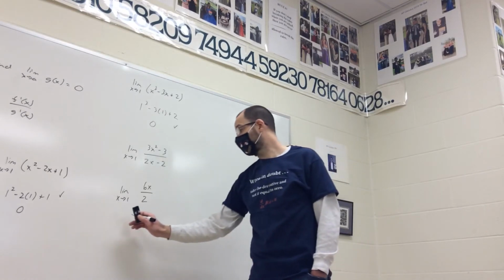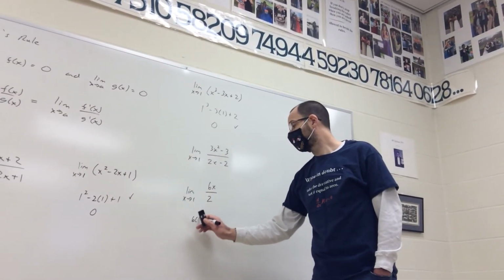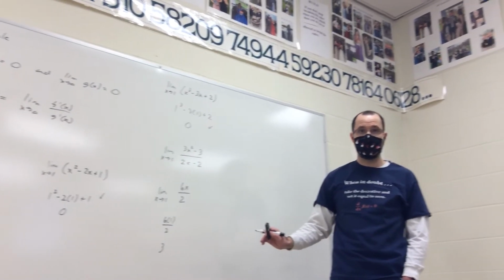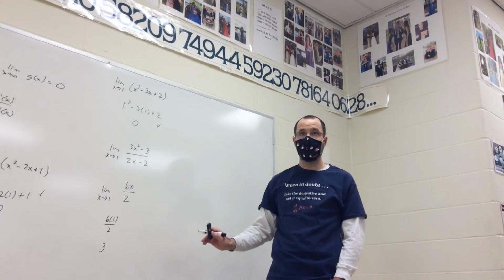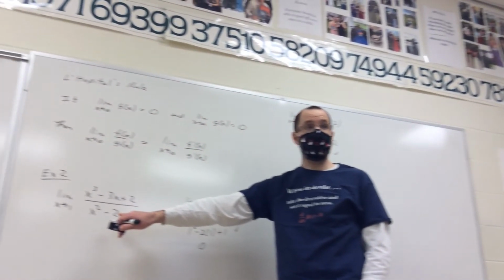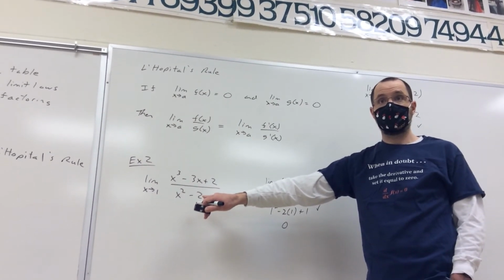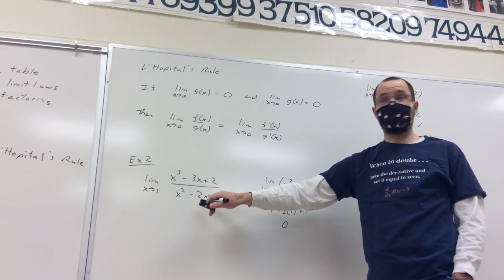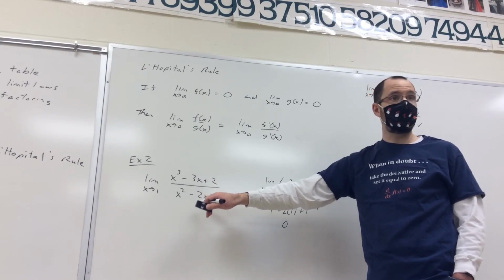And the final answer to the limit is 3. So that means that if we made a table for this limit, if we plugged in stuff close to 1, the outputs would get closer and closer to 3.